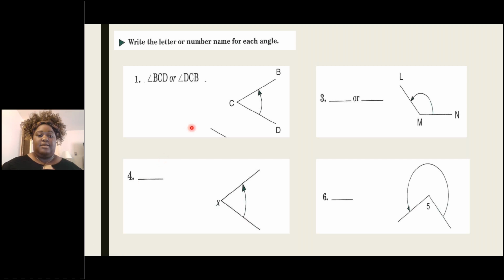Okay. So it'll be angle, remembering that symbol, angle BCD or angle DCB. Just remembering that whatever letter is at that vertex, in this case C, is going to be my middle letter. How about this one here?